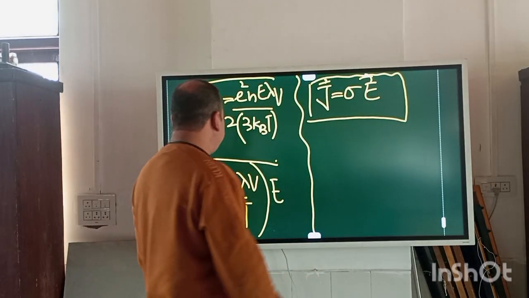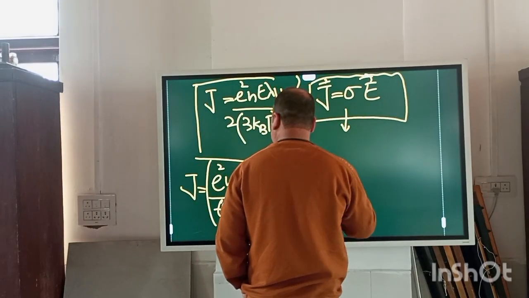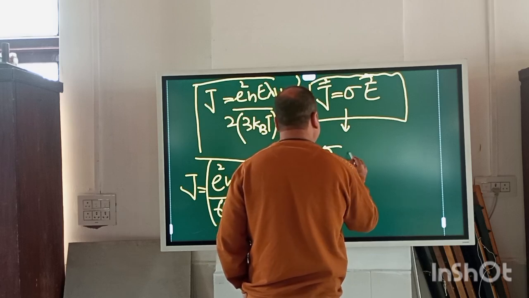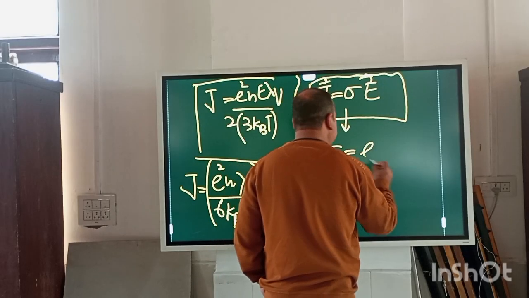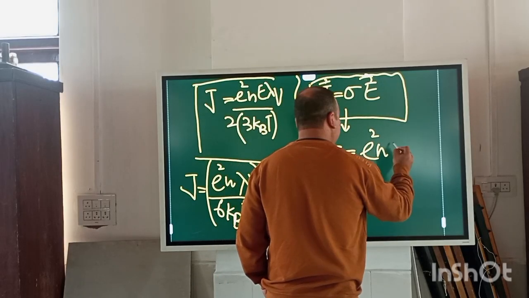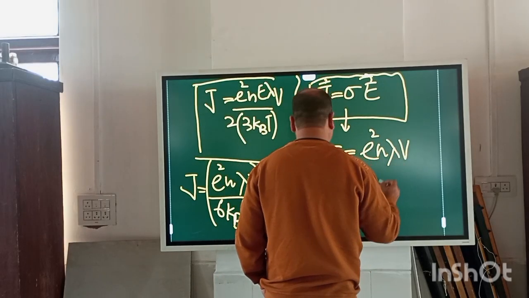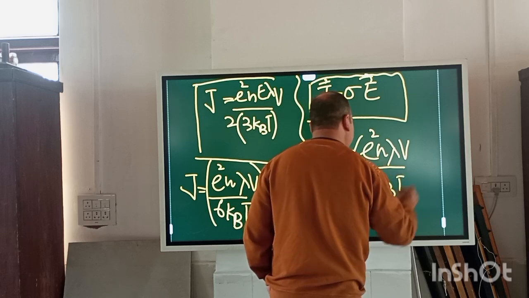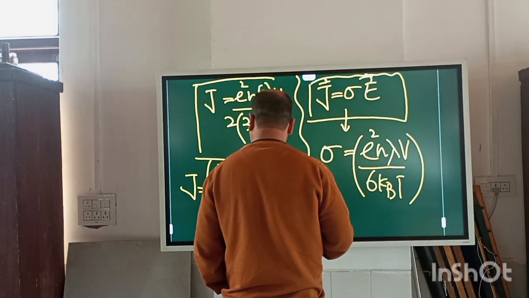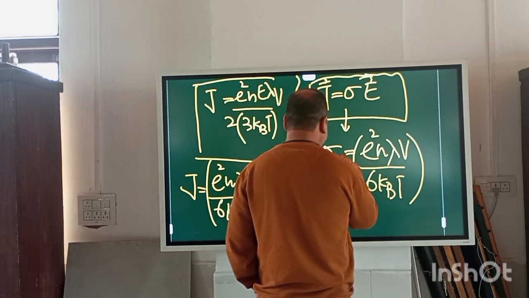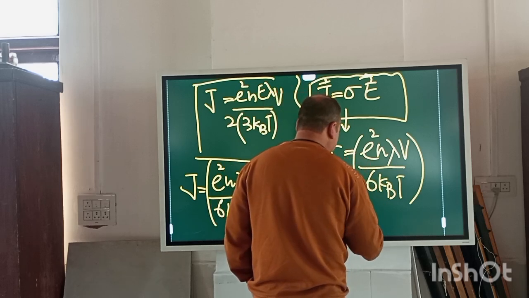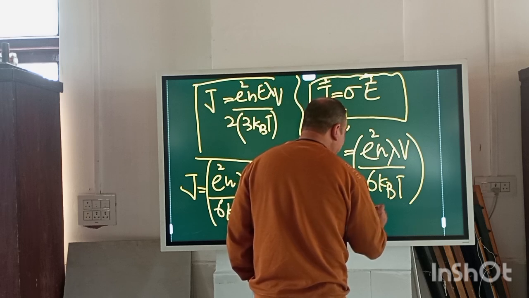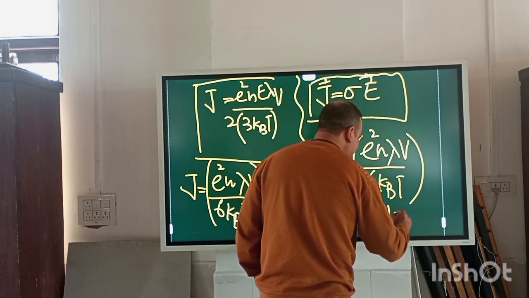And sigma is a constant, and this sigma is equal to e squared n lambda v divided by 6 kB T. So we can say that this sigma, the first important result of the Drude model, is that this conductivity is inversely proportional to the temperature.